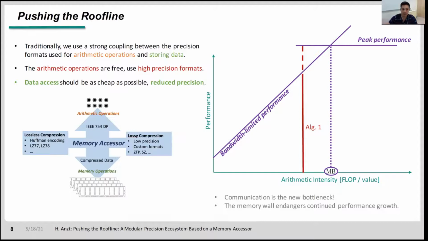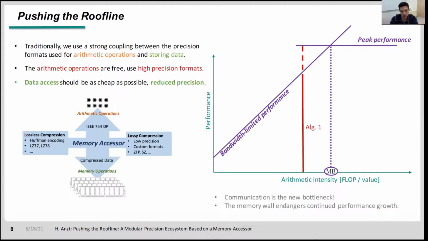The idea is basically to have something that we call a memory accessor. You could also see that as a compression entity that is sitting between the arithmetic units and the main memory. Whenever I read data from main memory, this data comes in a compressed format.